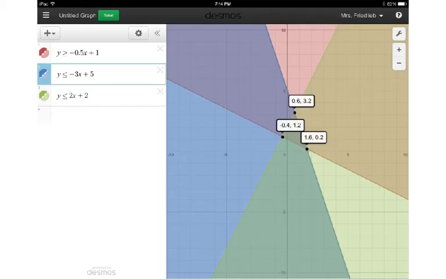If you go to Desmos and graph these 3 inequalities, you can click with the mouse on those 3 points at the vertices, and it'll tell you the points of intersection, which happen to be (0.6, 3.2), (-0.4, 1.2), and (1.6, 0.2).